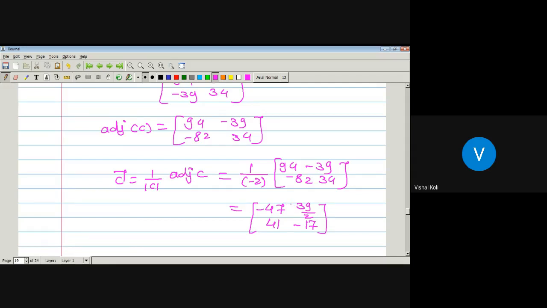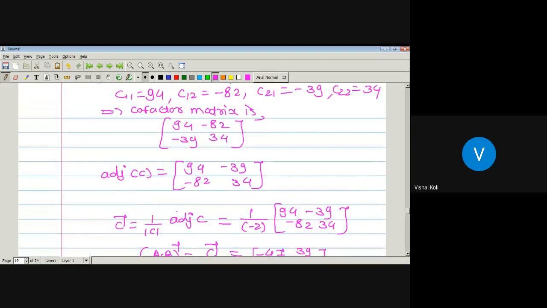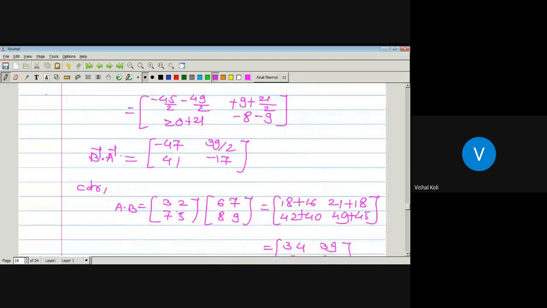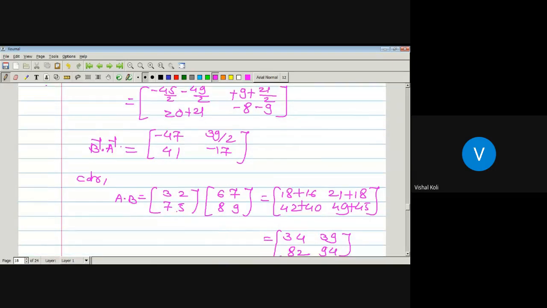So here this is C inverse. That is actually A into B inverse, and it is the same as our B inverse into A inverse, that is minus 47, 39 divided by 2, 41, minus 17.